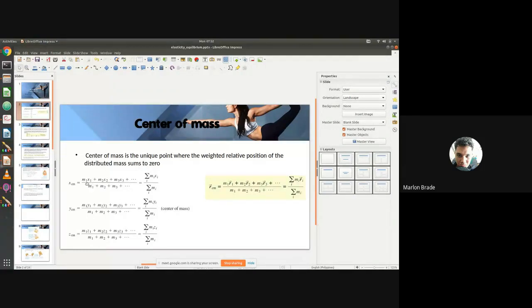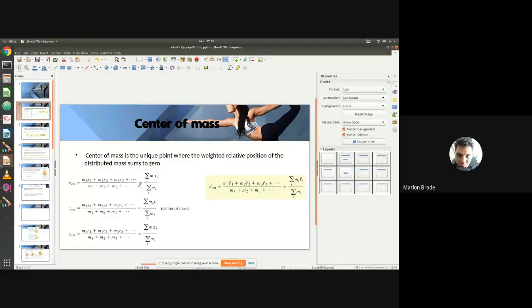So m1 x1, where m1 is the mass of the first object and x1 is the x component of the position of that object, plus m2 x2 plus m3 x3 and so on, divided by the total mass of the object.